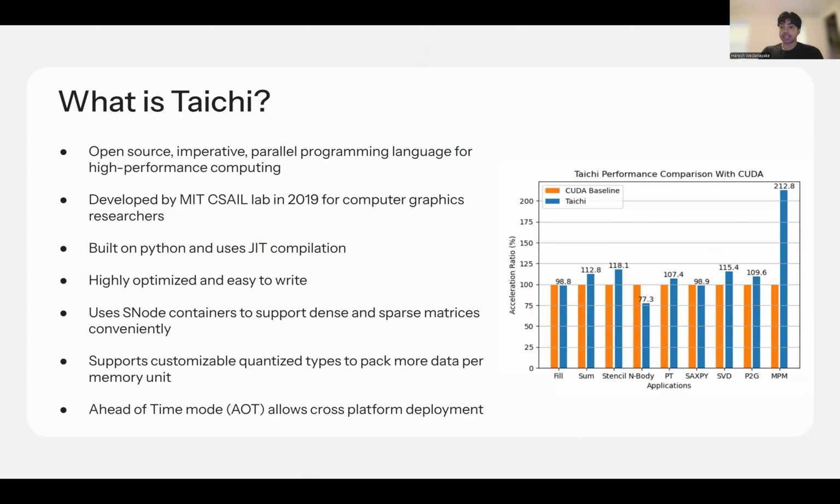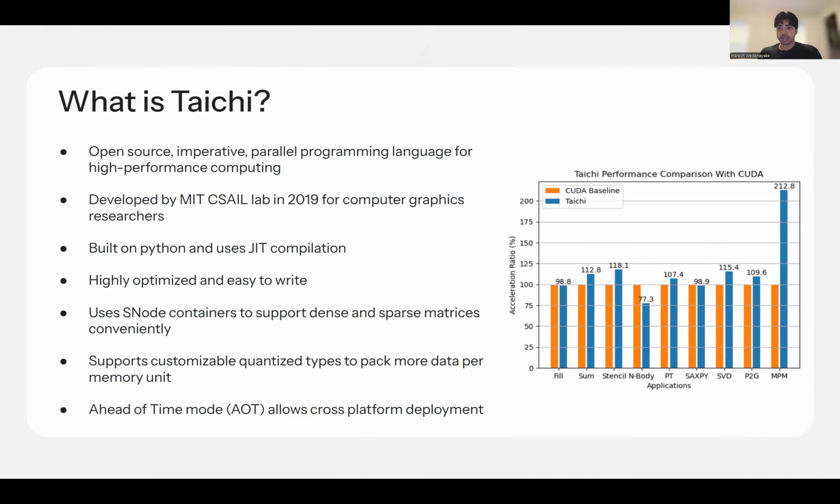It is embedded in and built on top of Python, and later on we'll get more into how to actually integrate Taichi into Python. Essentially, it uses JIT compilation to generate the code once you enter a certain Taichi entry point.